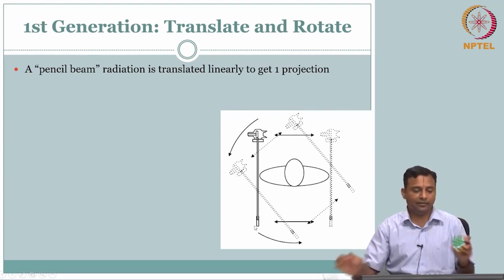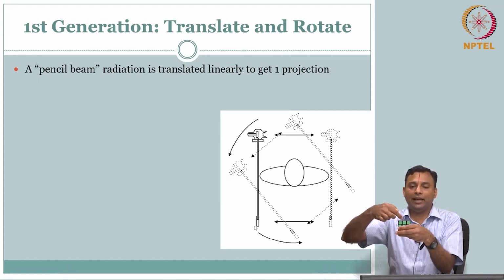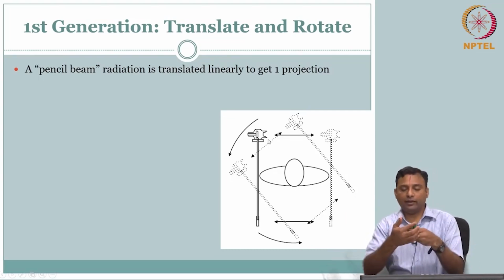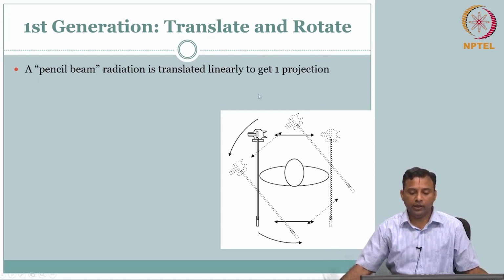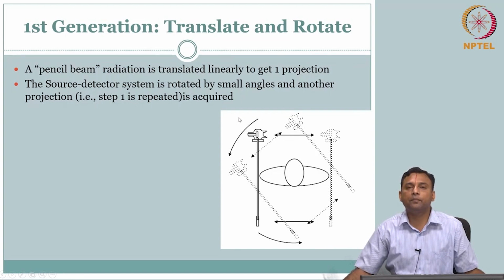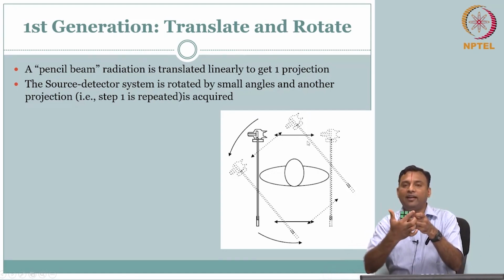You get one point, one pixel. If I want one slice, I have to have many of them. I project one, get one pixel, translate, next one, and so on, so I get a line projection. The source and detector are then rotated by small angles and you repeat this, so you get this one line from different views.